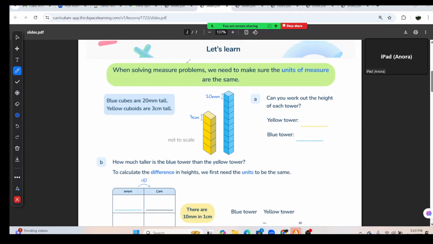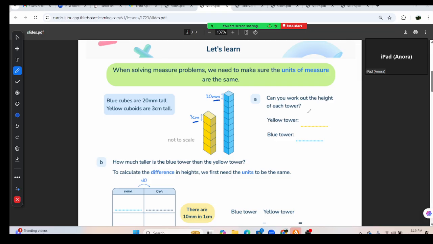When we are solving measurement problems, we need to make sure the units are the same. Like, it says there are two types of cubes, yellow and blue. Yellow cubes are 20 millimeters tall and blue are 3 centimeters tall. So the units are not the same, right? So whenever there is a question, we need to make sure the units are the same.